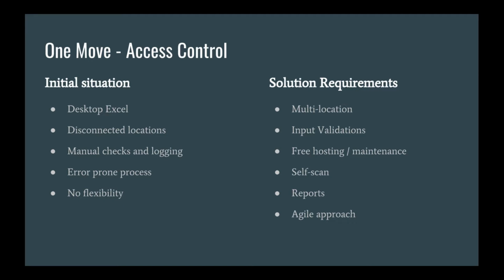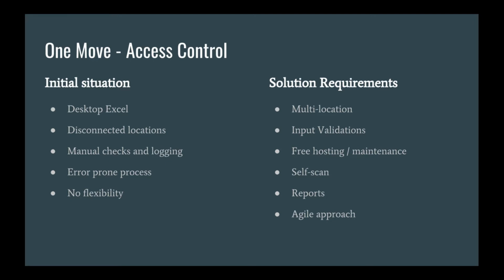They needed to have some input validations, free hosting and maintenance, and the most important functionality: to allow the climbers to self-check-in or provide them with a barcode card that they can scan, and they would be automatically validated whether the subscription is still active or not.